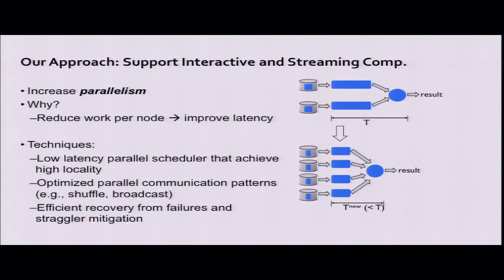And finally, if you have a job which runs 10 hours and a node fails, you have some time to recover. If your job runs in less than 1 second and you have a failure, now you have a problem, right? You have to recover very fast. So all these challenges, we address some of them, and I'm not going to go into details, but I just want to put in perspective what the challenges are when you try to provide interactive computations.